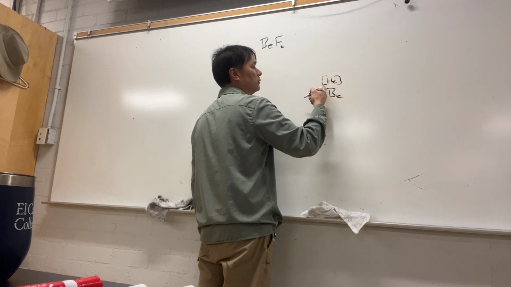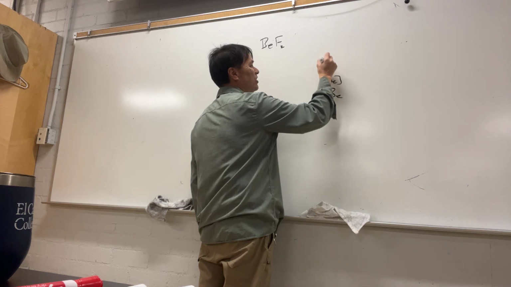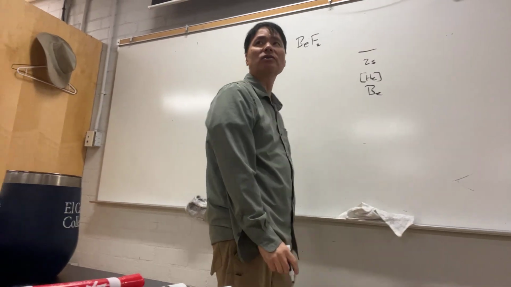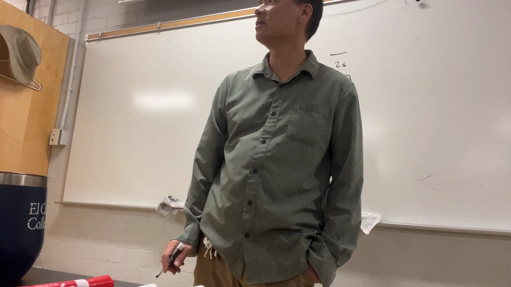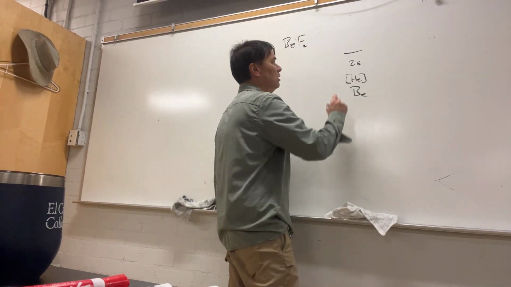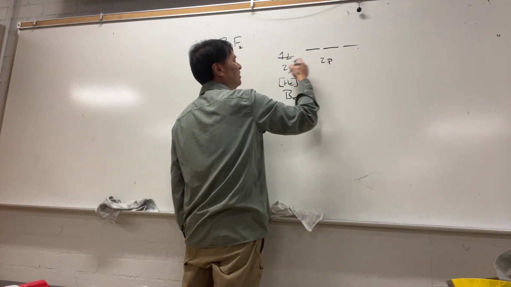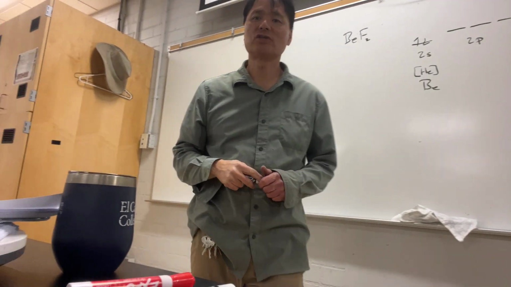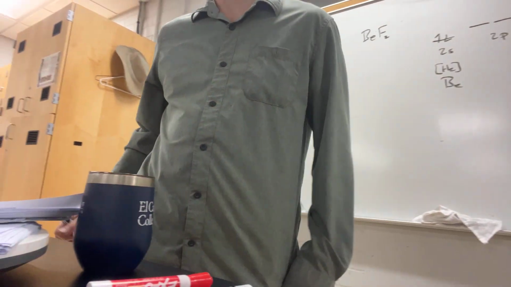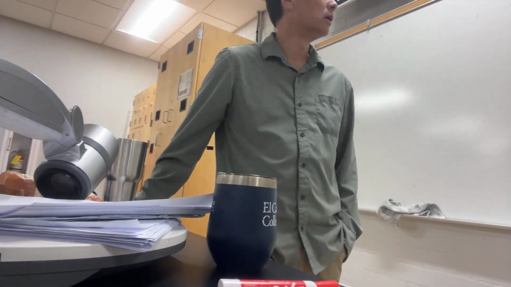If we put both electrons in the 2s orbital, how many bonds should beryllium form? Can a fluorine come here and share the electron? No. So we expect to form 0 bonds.